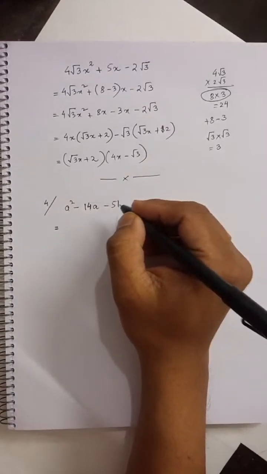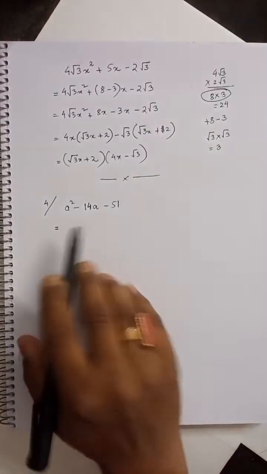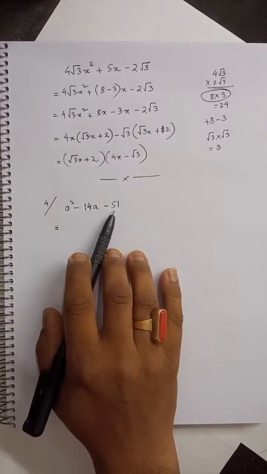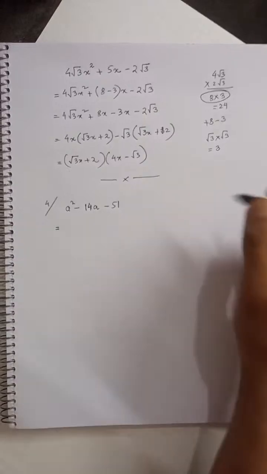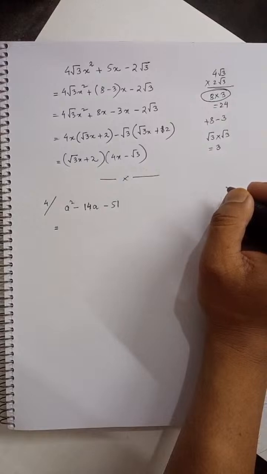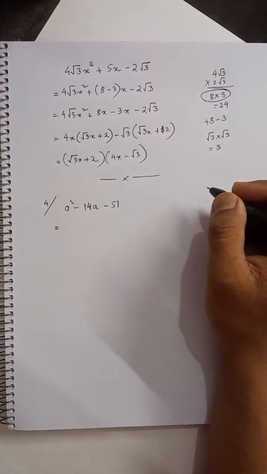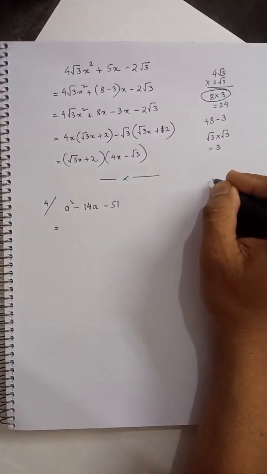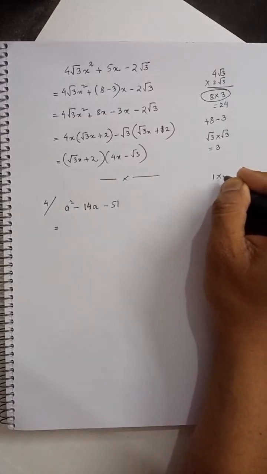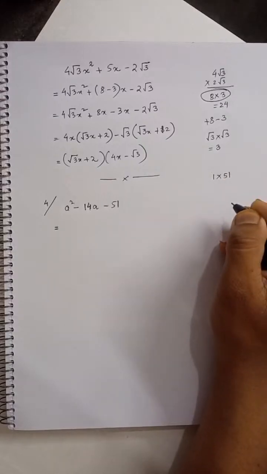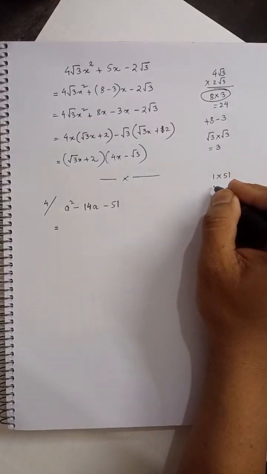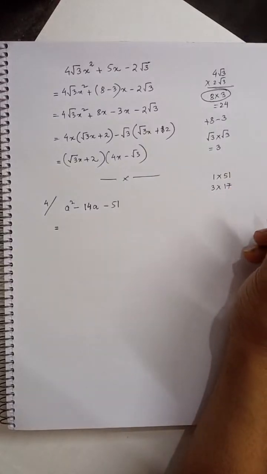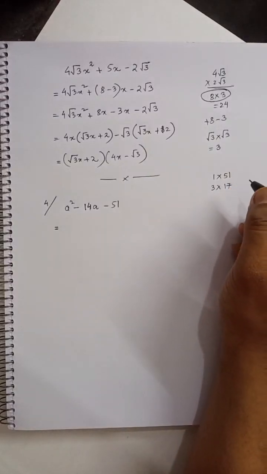Okay, so let's continue. We have 51. So here both the terms are negative. I mean the middle term is also negative, while the constant term is also negative. So 51 can be obtained by 1 into 51 or 3 into 17. So I guess these are the only combinations, or is there any other combination?